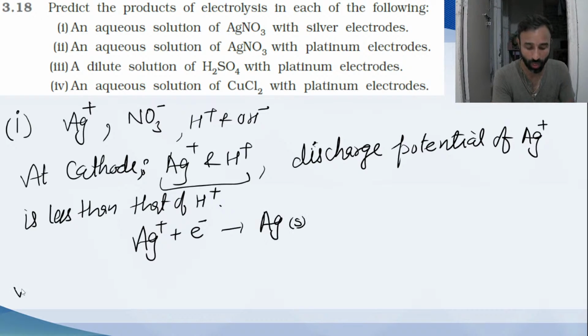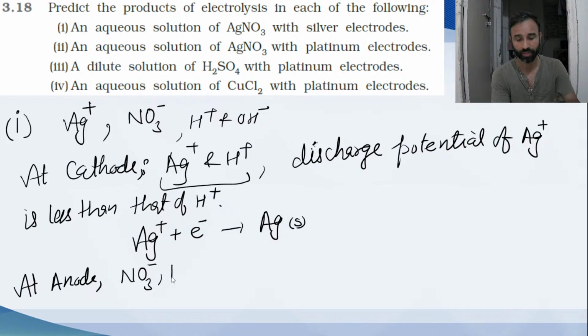Now come to anode. At anode, there are NO3 negative ions, OH negative ions, and silver is electrode, that is attackable.